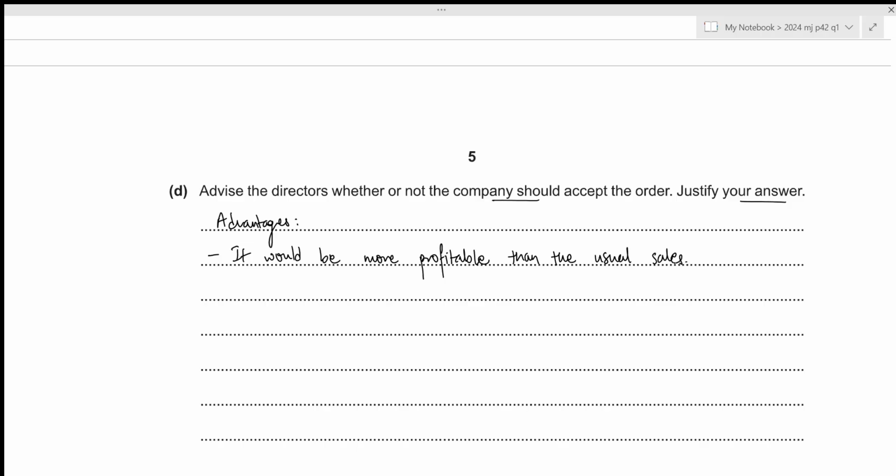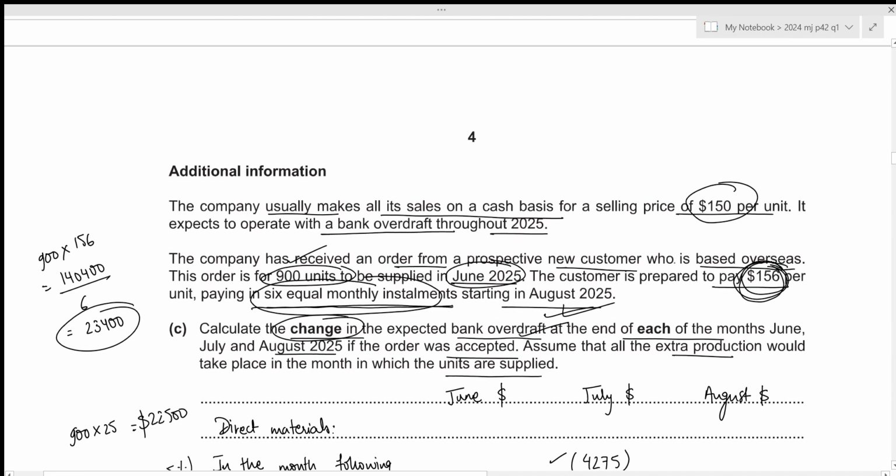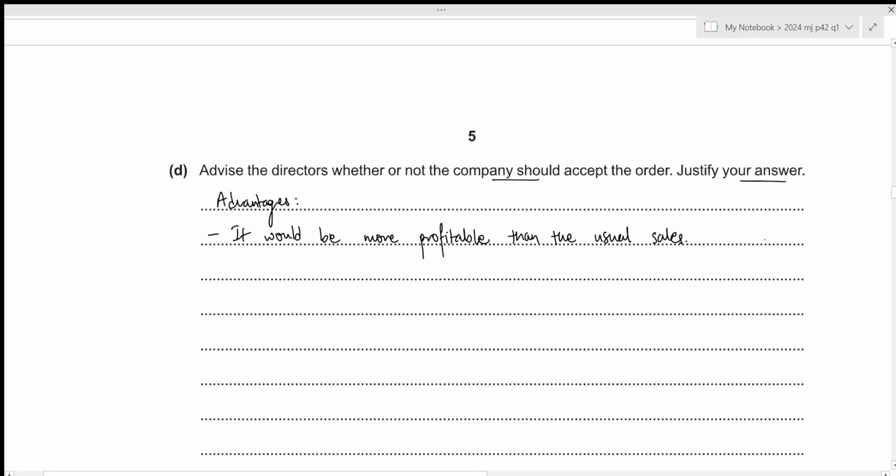Secondly, since we are now considering accepting an order of a customer who is based overseas, it means that the company will be able to increase market share as well as enter the overseas market. Let's write it down. It would increase market share by entering overseas market.